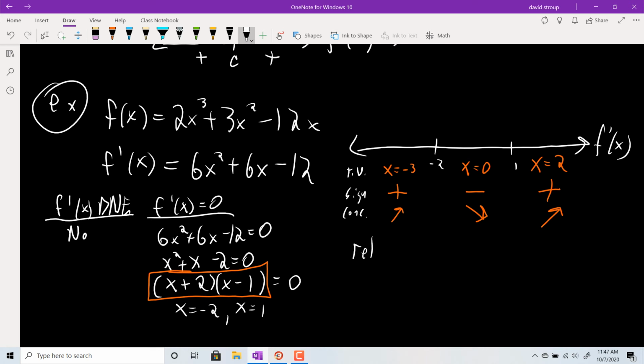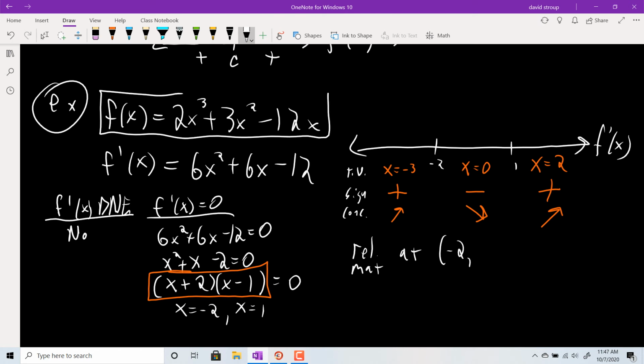So there's a relative max at -2, f of -2, whatever that is. You're plugging this -2 into this function right here, f of x. Okay? So if you plug -2 in there, you're going to get 20. Okay.